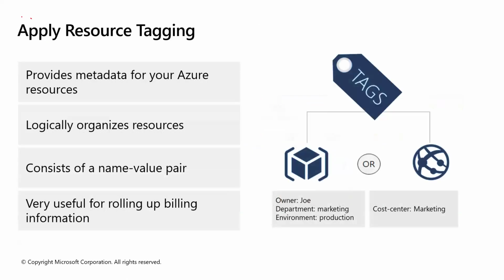Now, when you come to resource tagging, let's say whenever you visit a shop, what do you do? You see the tag. On the tag you see the price of that particular dress, and you buy it, because the tag gives you an overview.